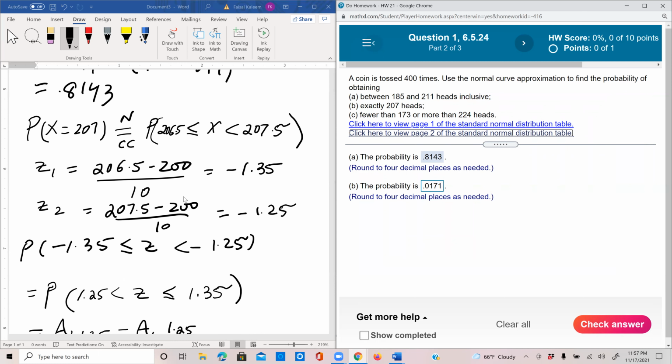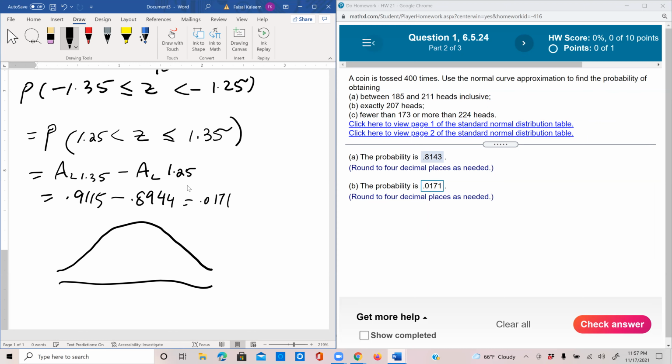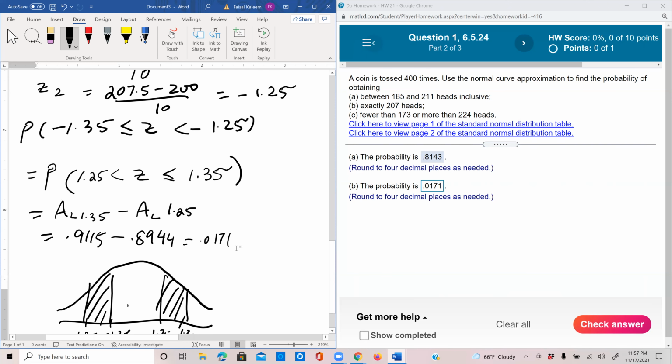And the area between negative 1.35 and negative 1.25 is the same as the area between 1.25 and 1.35.